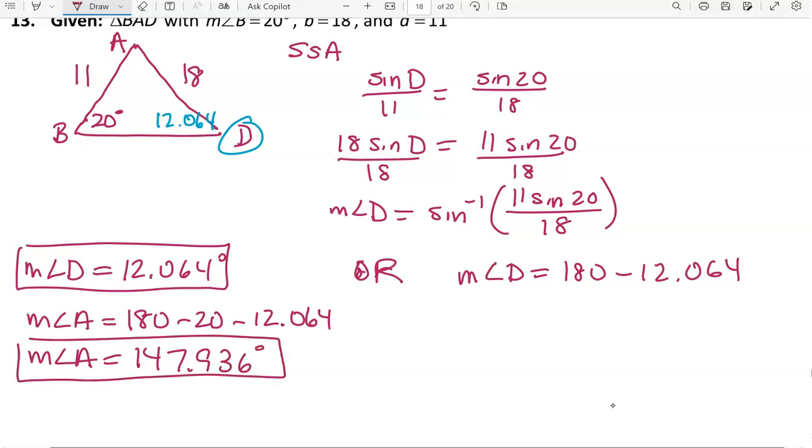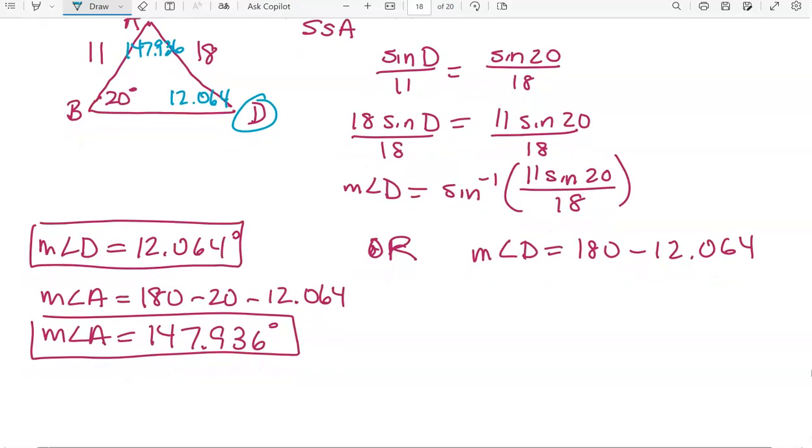Box in my answer, and I'll include that in our diagram, 147.936. Notice that's a really big angle. We're expecting the largest side, A, to be opposite it.